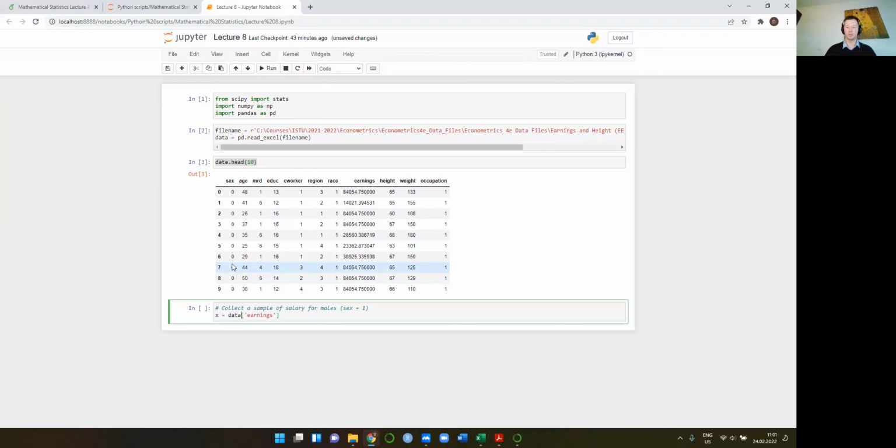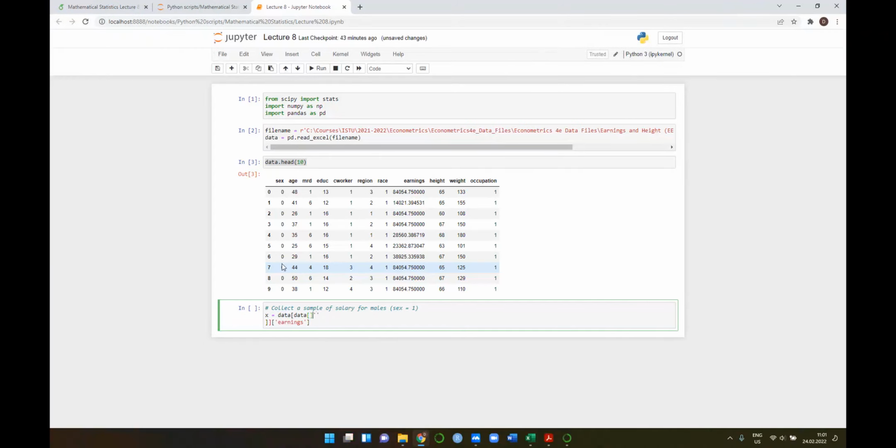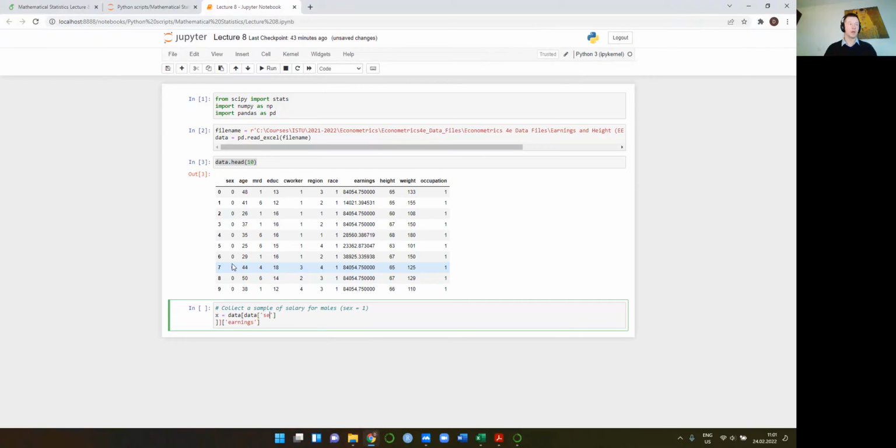What exactly do I need to do? Between data and the variable, I write the condition, what kind of filter I want to use. So data sex must be equal, and this logical equality is written with two equal signs, must be equal to 1.